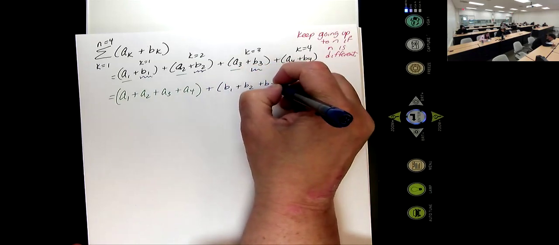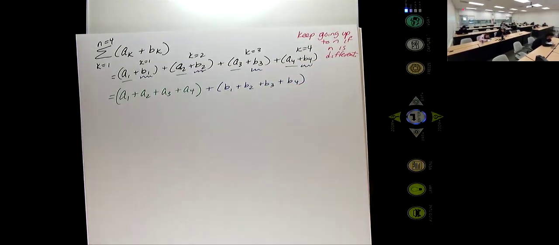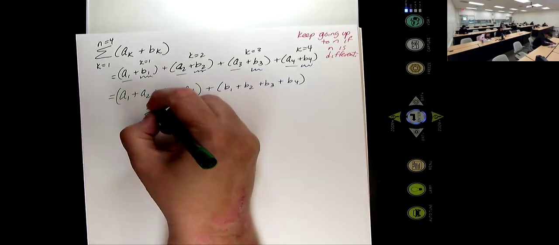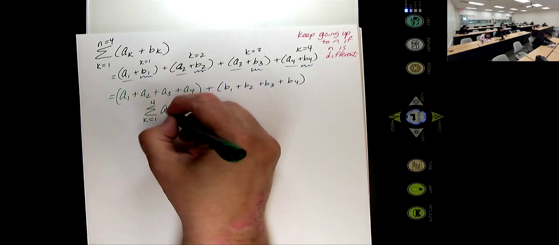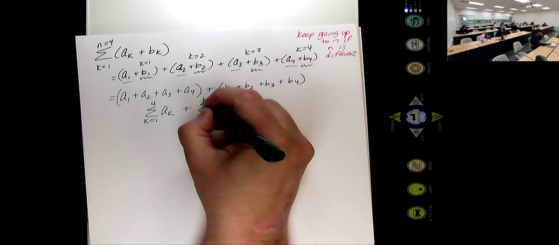Write it like this: this is the sum from k equals 1 to 4 of a sub k, and this is the sum from k equals 1 to 4 of b sub k.